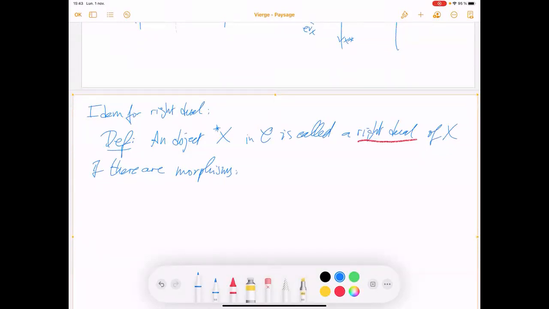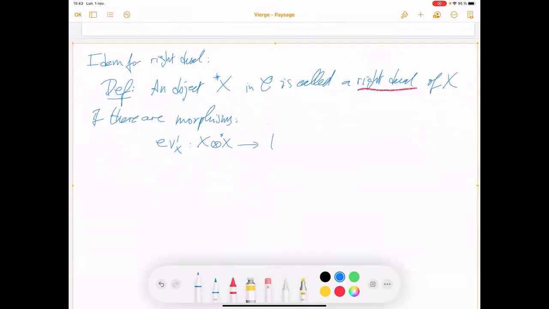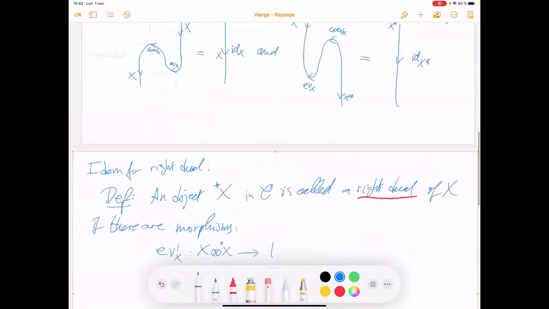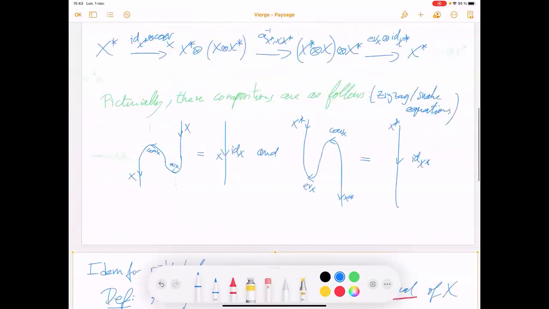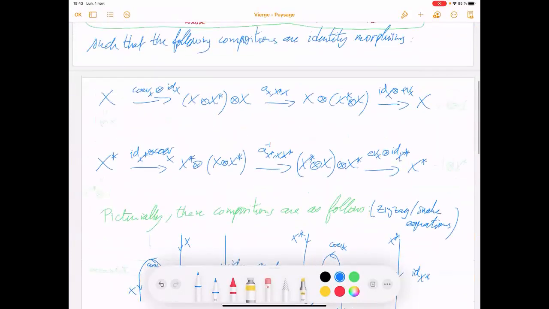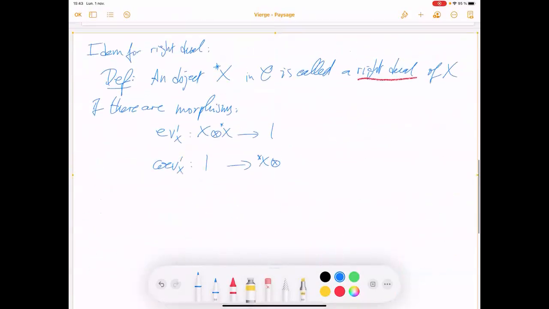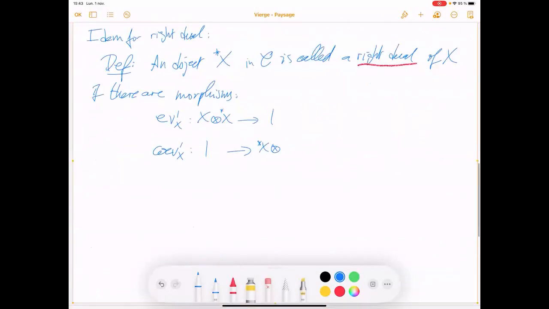So we have ev from X tensor star X to 1, and coev from 1 to star X tensor X. It's not X prime, it's X dual. So X left dual before and now right dual. Star X, yeah.